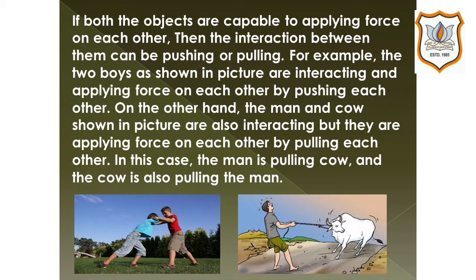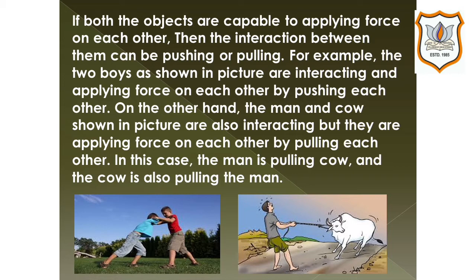Now, if both the objects are capable of applying force on each other, then the interaction between them can be of pushing or pulling. For example, the two boys as shown in the picture are interacting and applying force on each other by pushing each other.